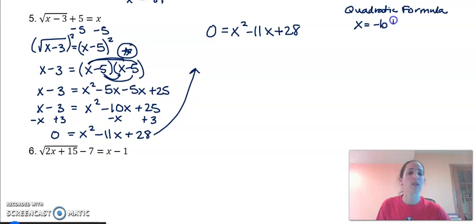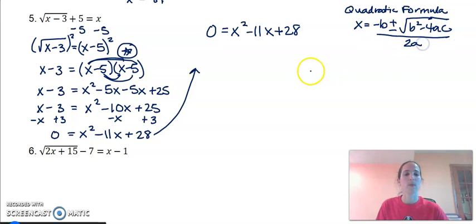X equals opposite of b plus or minus the square root of b squared minus 4ac, all of that divided by 2a. That's a lot to remember. So another option is, can I factor? And typically factoring starts to become a little bit easier than memorizing the formula.